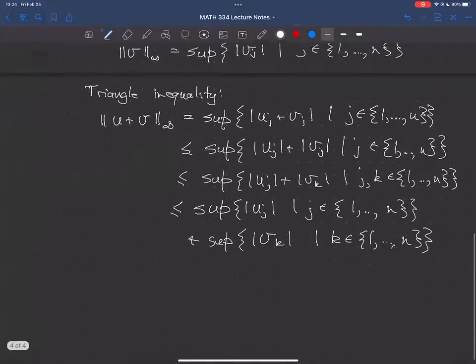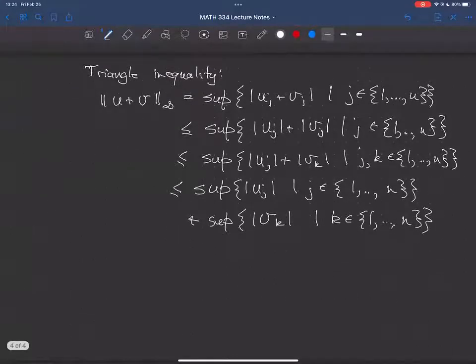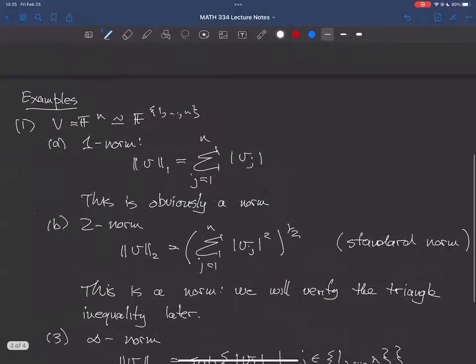The sup of a sum is less than or equal to the sum of the sups, and this, of course, is just the infinity norm of u plus the infinity norm of v.